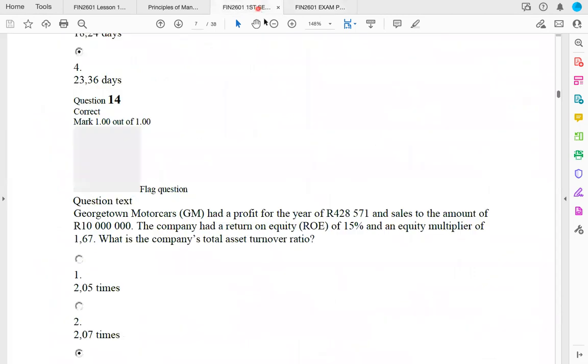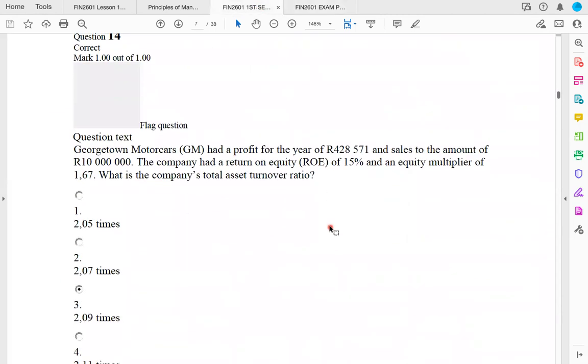So that's an important relationship for calculating return on equity. And also remember that the DuPont analysis says that return on assets is equal to net profit margin times total assets turnover. So these two are really important relationships. ROA is net profit margin times total asset turnover.